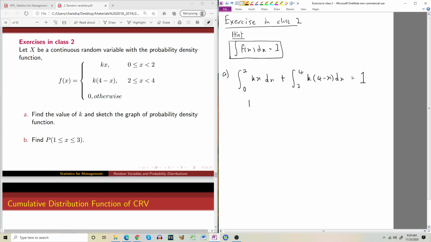If you integrate this and if you substitute and try to solve this, your k is 1 over 4. You try, okay, later on you try.